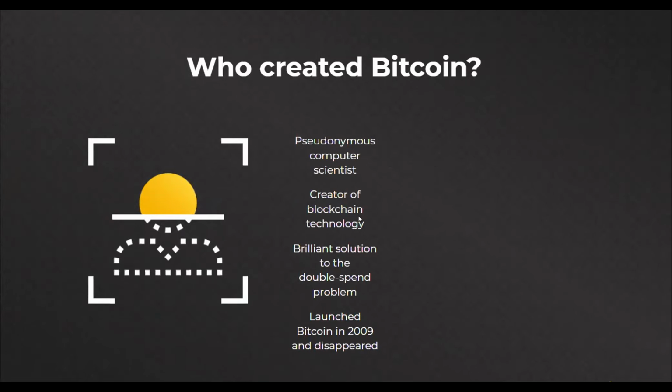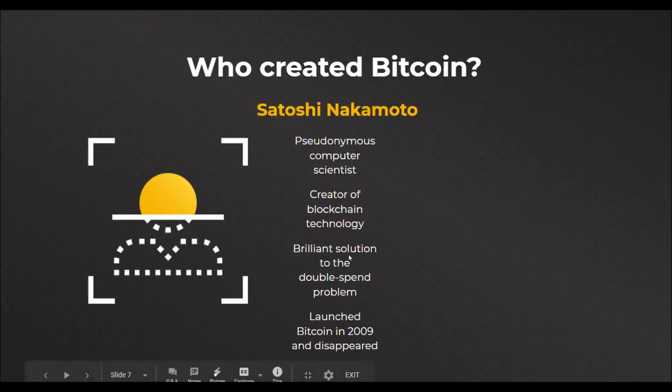But with cryptography, he was able to discover how to solve that problem, and then he launched Bitcoin. I don't like to keep saying he. Satoshi Nakamoto launched Bitcoin in 2009, and since then has disappeared from the space. So all the developments we see in cryptocurrency and blockchain started here.